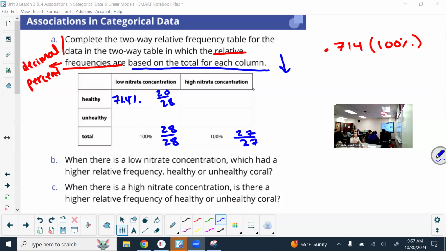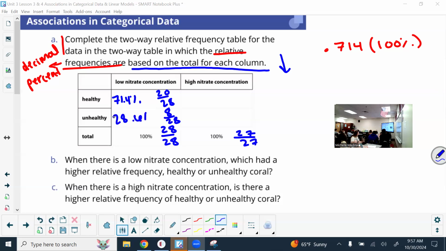What did you divide to make that happen? 8/10. All right, good, because again, we're doing it by the column totals. We're seeing what ratio of our low nitrate concentration locations had healthy versus unhealthy coral. When I put that in my calculator, it gives me a long decimal. When I times it by 100% and round to the nearest tenth, it should be 28.6%.